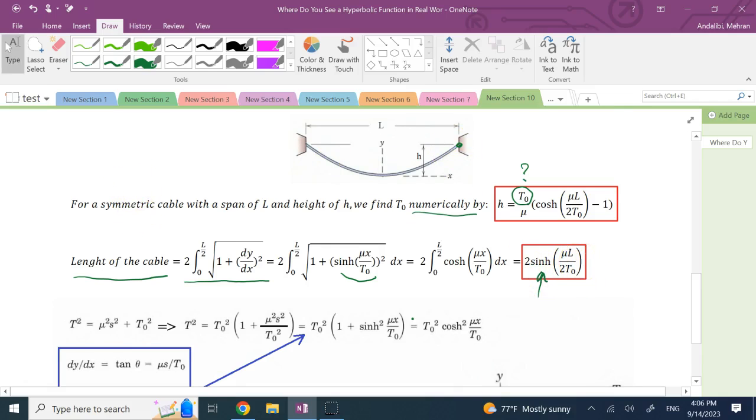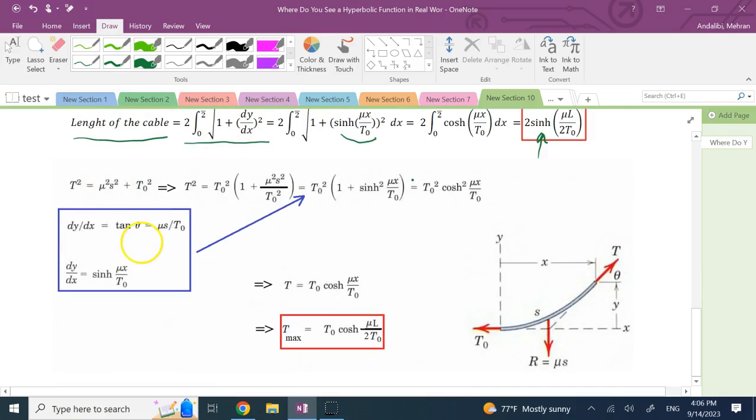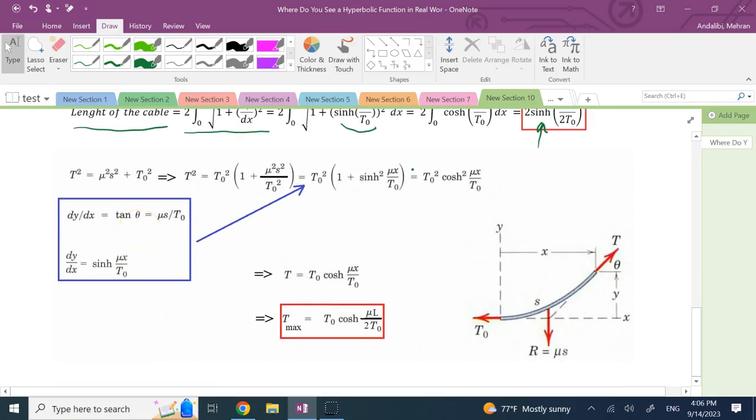And finally, you might say, what about the tension in the cable? Well, let's take a look. Here, we consider this portion of the cable, whereas on the left, it's cut at the very bottom of the cable. On the right, it's cut at distance x. So this is not an infinitesimal part of the cable.